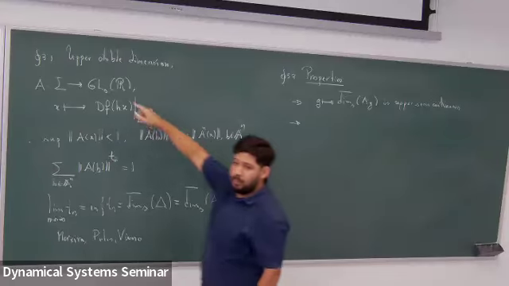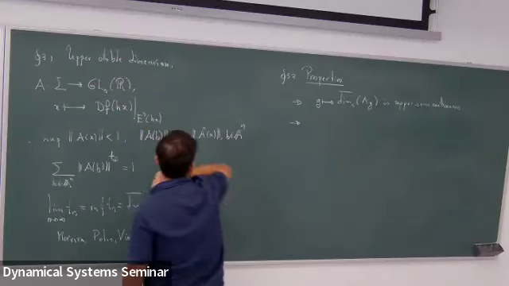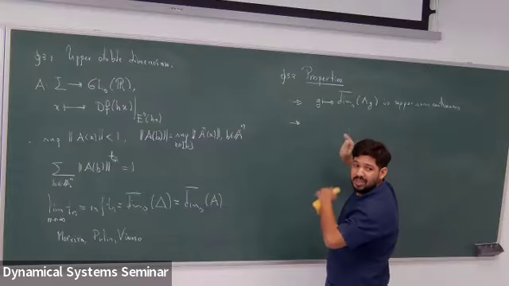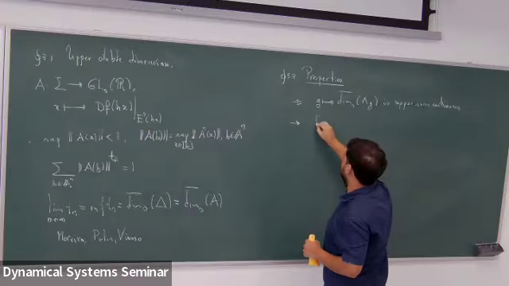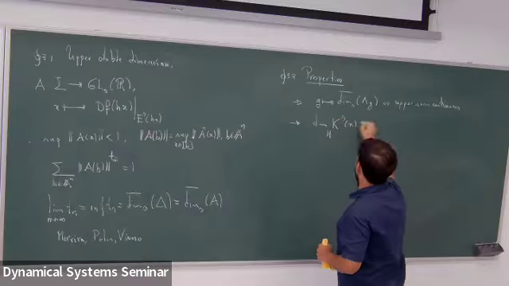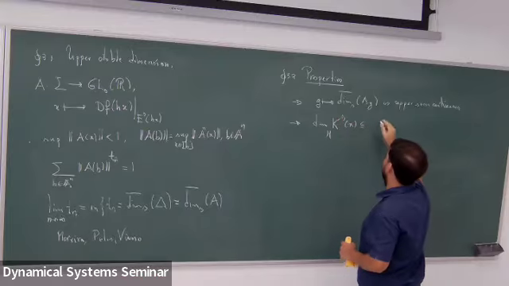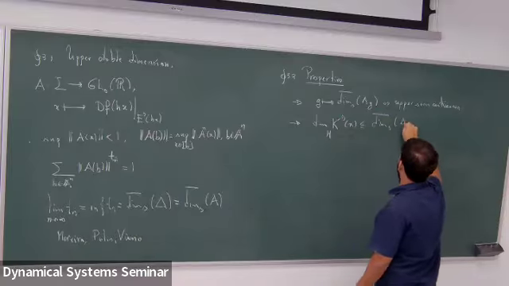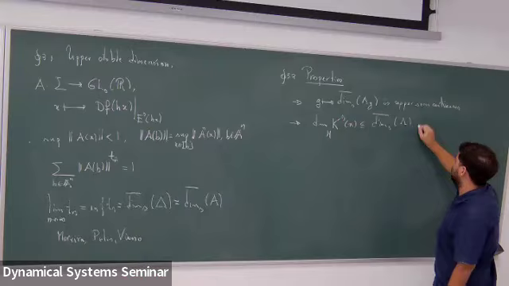And why is it upper? It's stable upper because it's an upper bound of the Hausdorff dimension of the stable set. So the Hausdorff dimension of K^s(x) is smaller or equal than the quantity, for every point x.